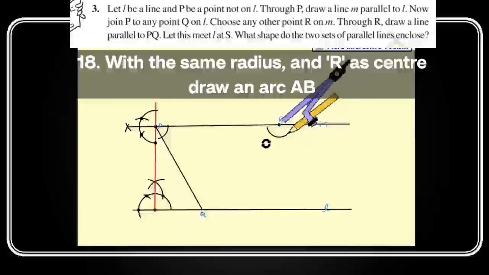With the same radius, we will make an arc at R. Now we will measure the angle as distance UV.